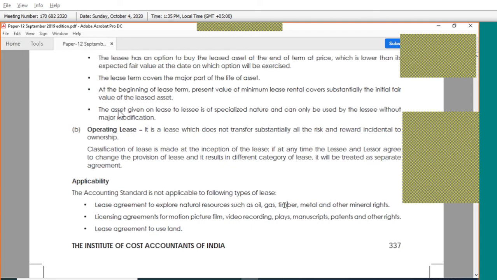Then the price is 10 lakhs, and the lease rent is 3 lakhs per annum. I'm explaining now finance lease.